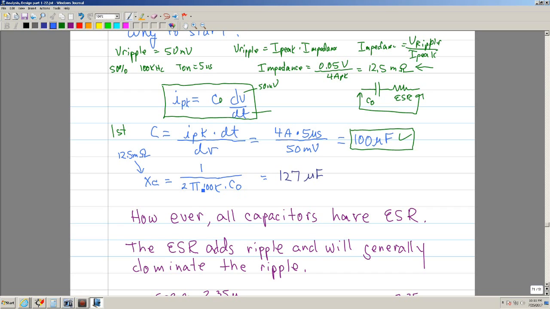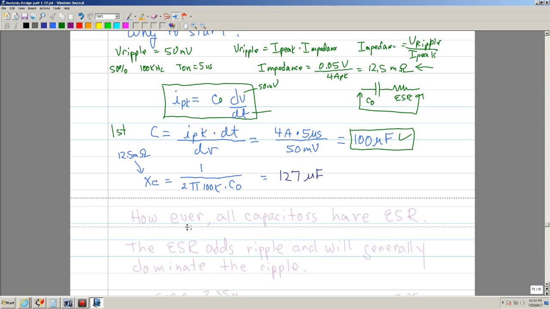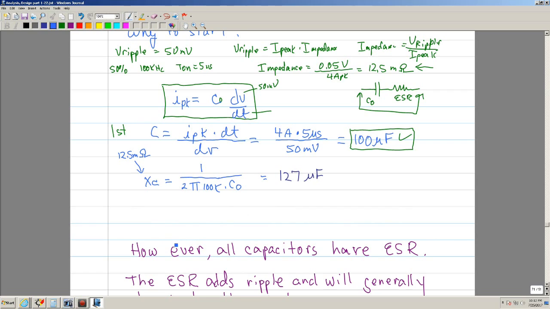So if we switch these around, bring C out over here and bring this over here, we can basically solve for CO. This is X of C, and we've already calculated that we needed 12.5 milliohms, so we can say 2 pi times 100 kilohertz times 12.5 milliohms.